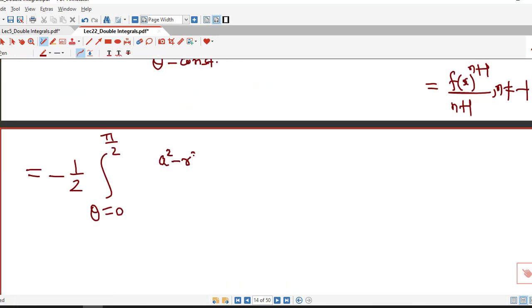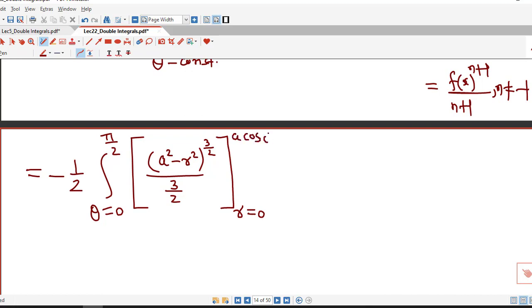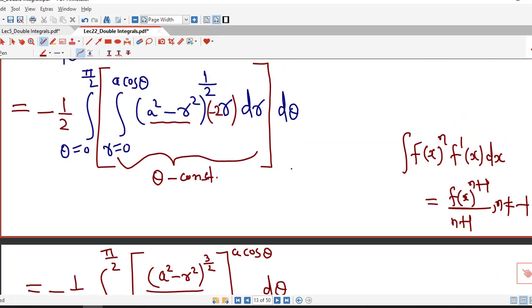A square minus r square to the power 3 by 2 divided by 3 by 2, and then we will put limits of r from 0 to r equal to a cos theta, and after putting limits we will integrate with respect to theta.